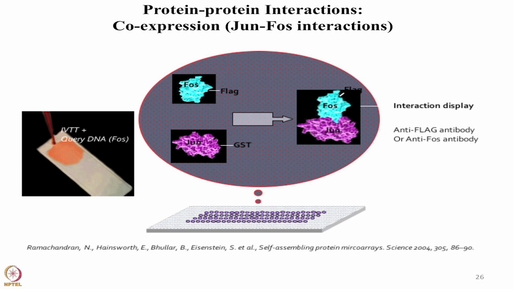But keep in mind that now you have to have some strategy for the measurement of the interactions. So, now the idea is the FOS protein from the DNA is going to come and bind on the chip, it is going to show interaction with the Jun protein, which is a known interactor, and might be showing interaction with some other protein as well. So, how to measure these proteins?